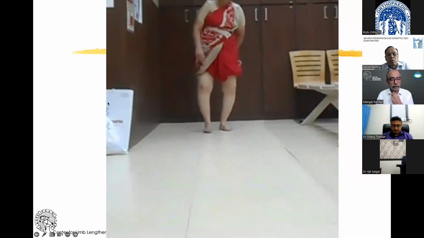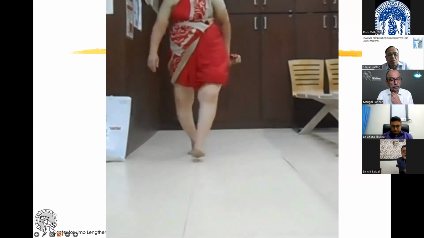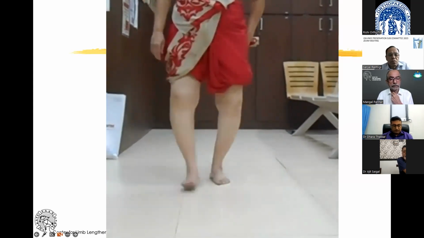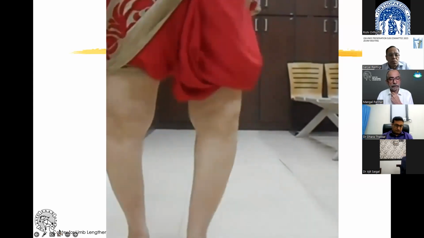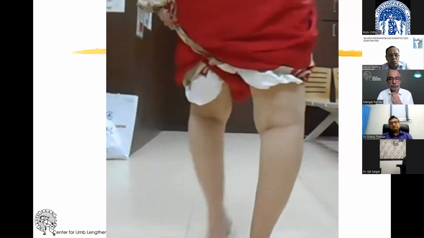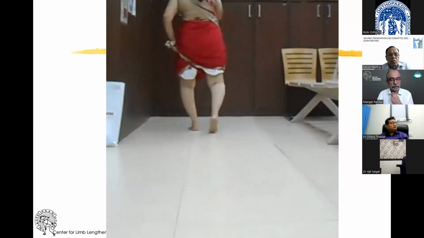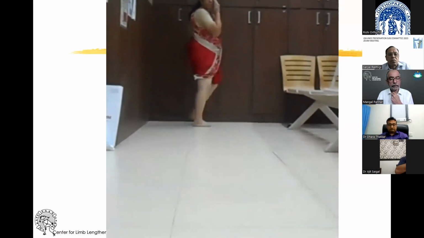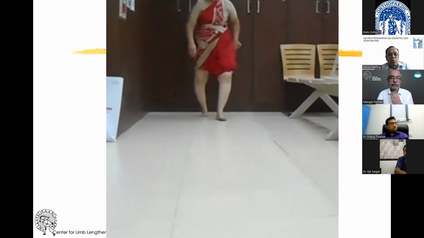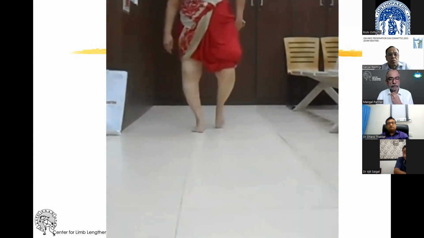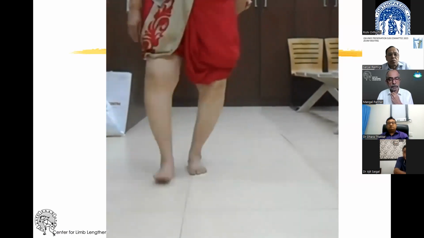If you look at her walk now, she has significant lateral thrust. Every time she puts weight on the leg, the knee goes externally. This kind of patient will benefit from a high tibial osteotomy.